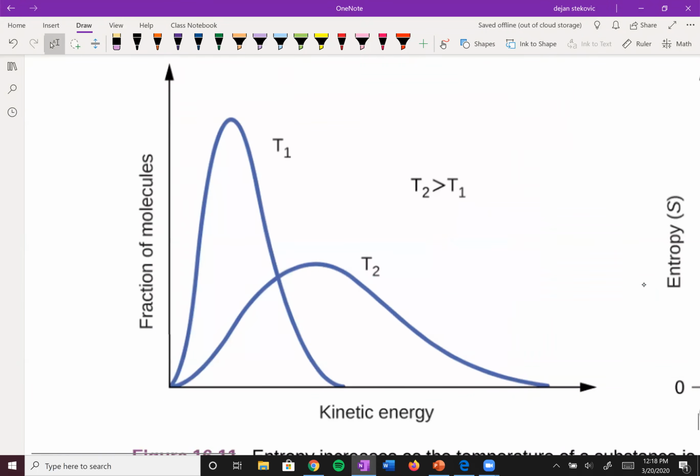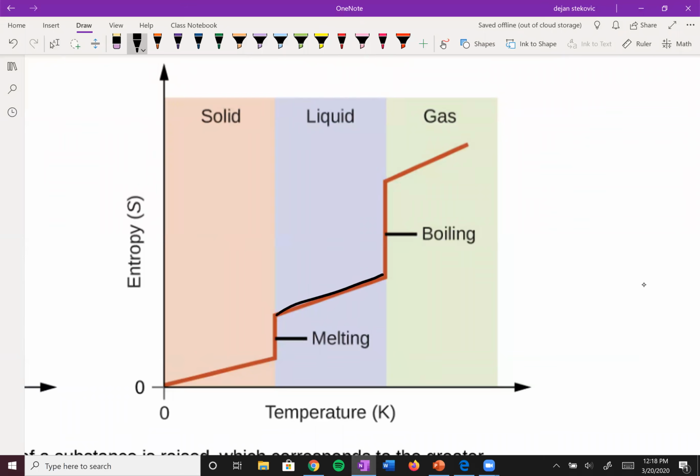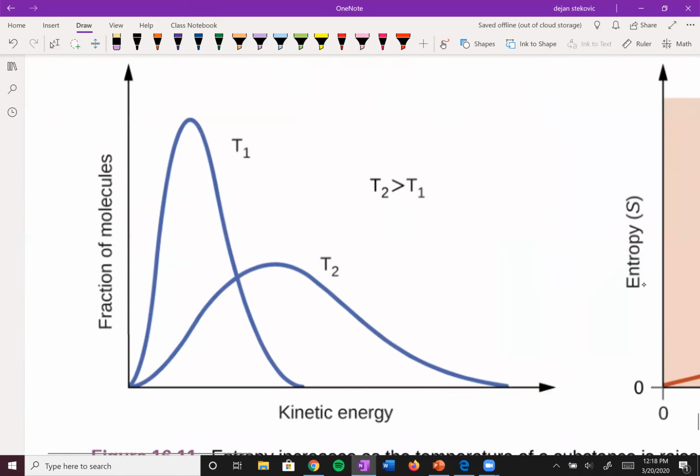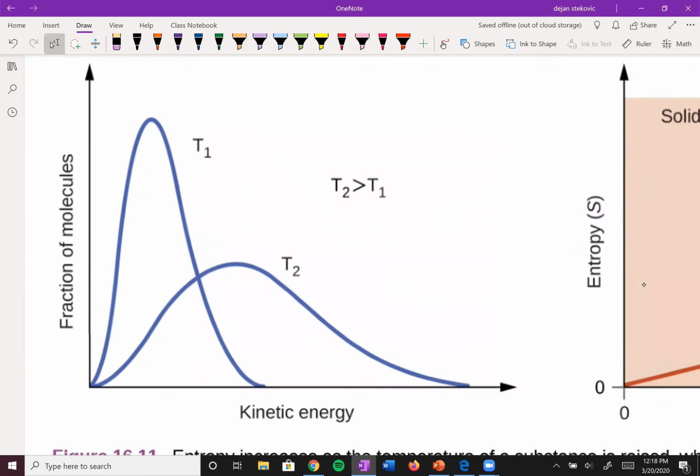And then, why is entropy increasing when we don't have a phase change? You can think back to CHEM101 and these temperature curves, right? This is T1 and T2, so temperature 2 is higher than T1, so this is kind of hot, and this is cold, right? This is the kinetic energy of the molecules versus the number of molecules.